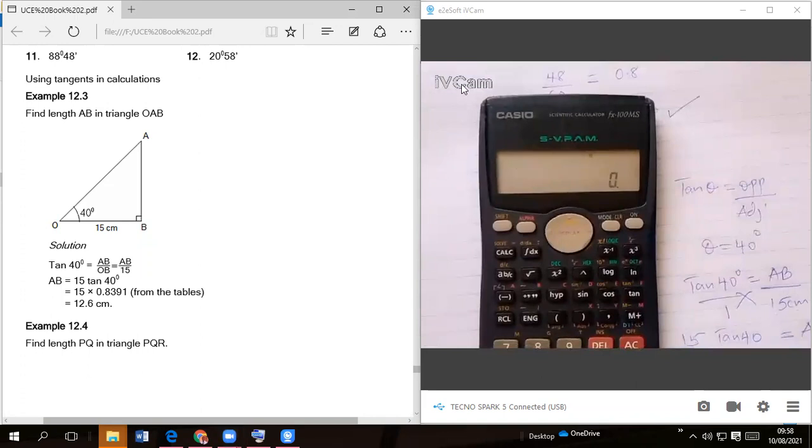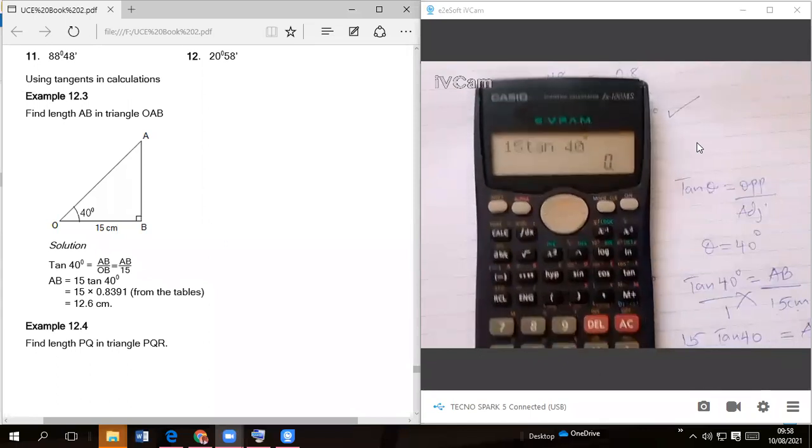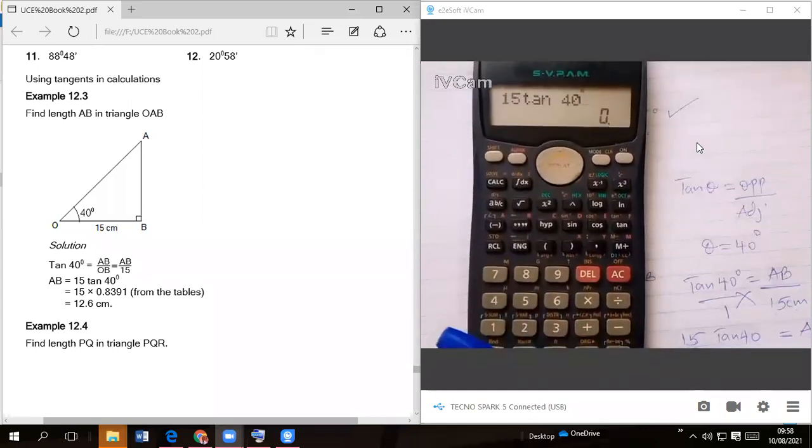So to get 15 tan 40, press 15, and then press tan. Tan is this button here. And put 40. That's 15 tan 40, and then press equals. So your answer becomes 12 points.